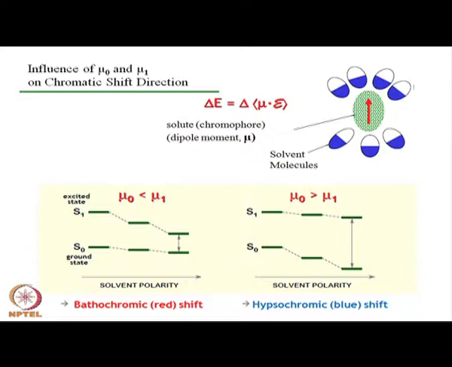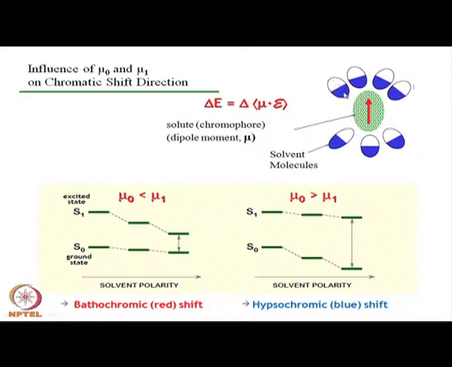Now let us look into this diagram. What is happening? You have got your dipole, and these are your solvent molecules, properly oriented. This blue part and white part means this side has some charge and this side has some charge.